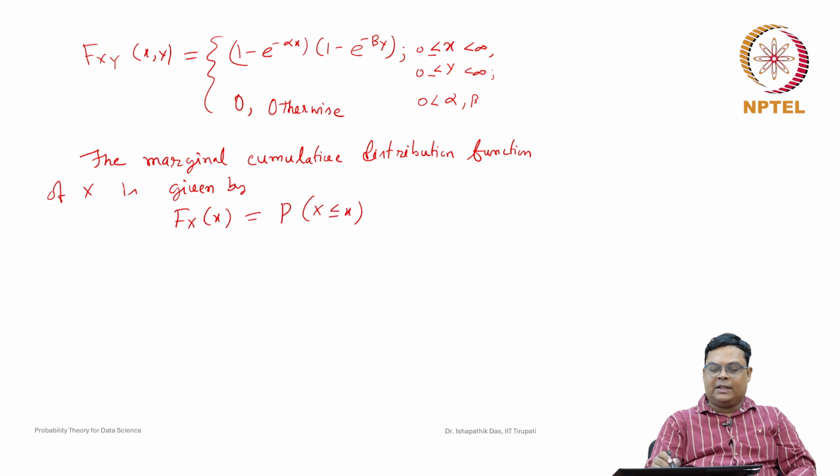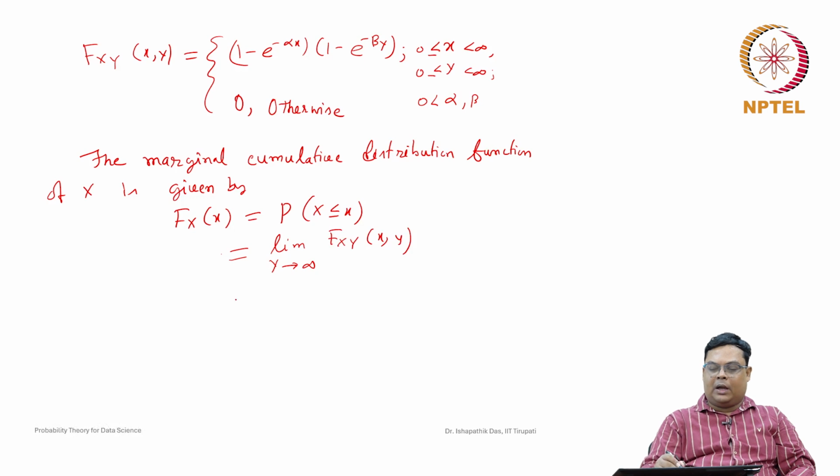How can we find this value? By definition, as we have already discussed, it is found by taking the limit of the other coordinate: limit as y goes to infinity of F_XY(x, y), and this is nothing but F_X(x).